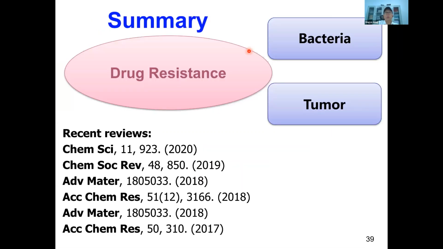So with that, I will close and say that drug resistance with both bacteria and tumors can be a big problem. And we have written a bunch of reviews recently on how you can use microfluidics and nanoparticles to combat these very serious problems.